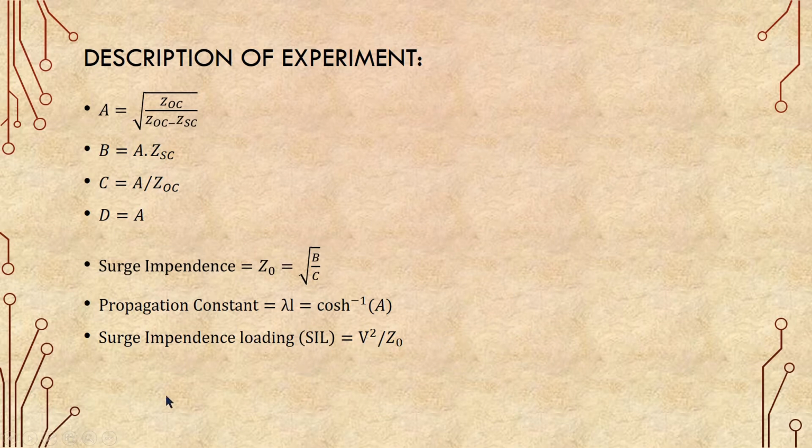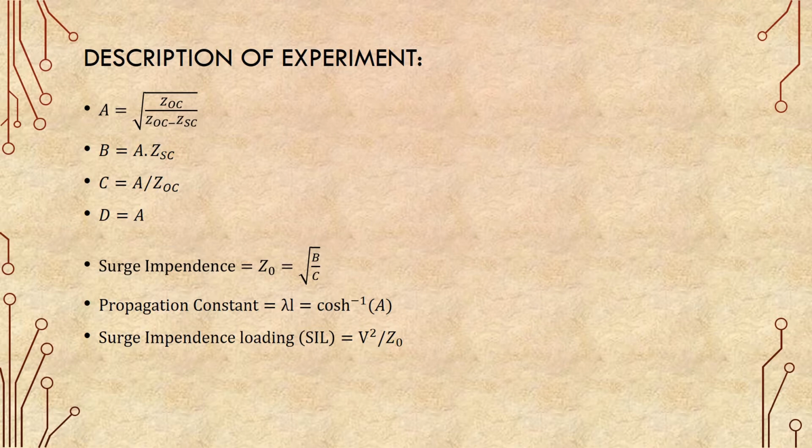So how much watt we get in terms of surge impedance loading, that is the economic power transfer capability of the transmission line. That means if we transmit the power at this SIL level, no compensation is needed to make sending end voltage and receiving end voltage equal.